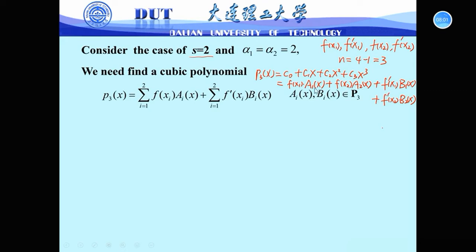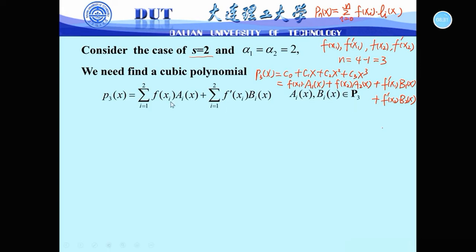It's okay? So just like we use the Lagrange interpolation basis, right? If we use Pn(x), we write the sum for i from 0 to n of f(xi) multiplied by li(x). Remember, in the Lagrange interpolation formula, li are the Lagrange interpolation basis.